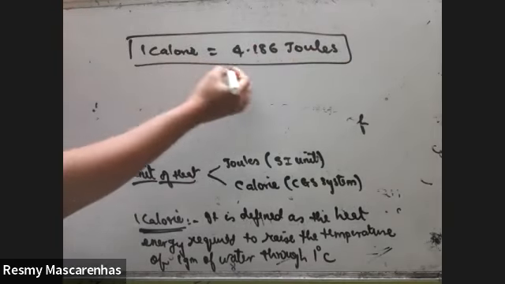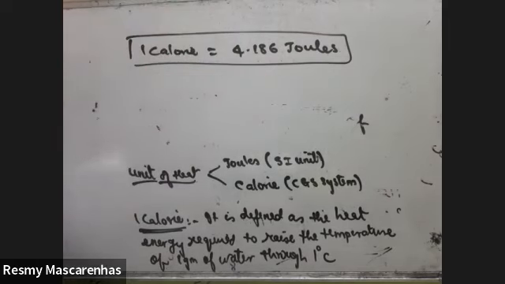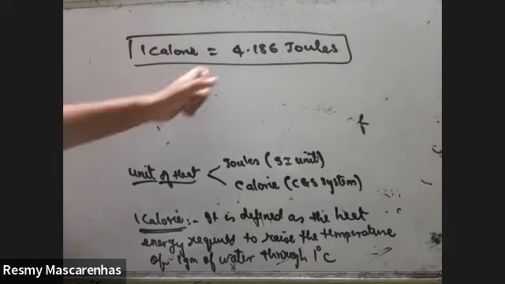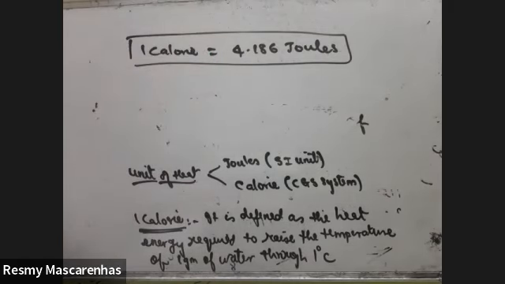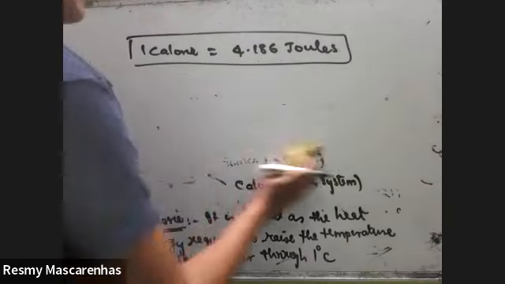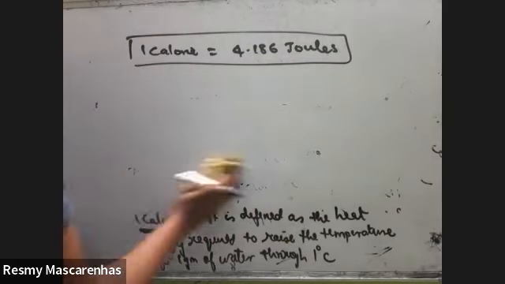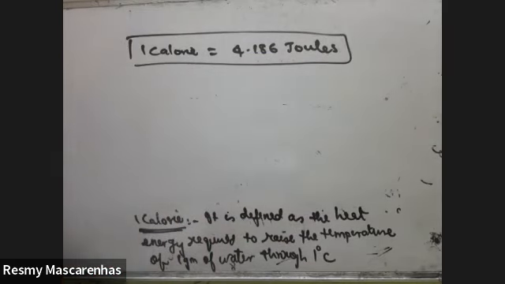Normally while solving problems, sometimes we take it as 4.2 approximately, but the actual value is 4.186. Okay, so this is about heat. The thermodynamics is also everything related to heat only. So we'll see what is thermodynamics.